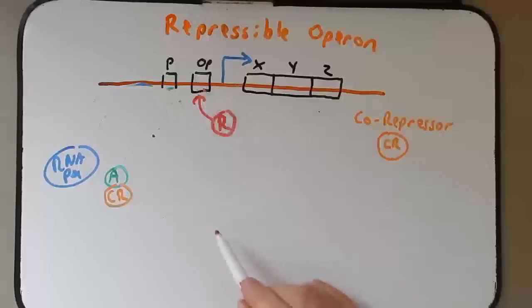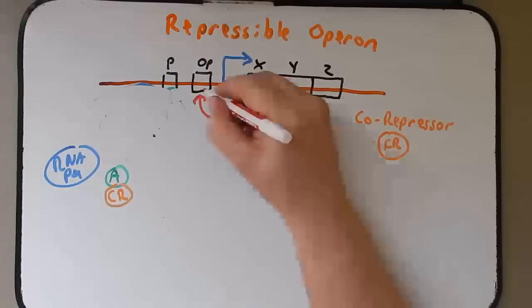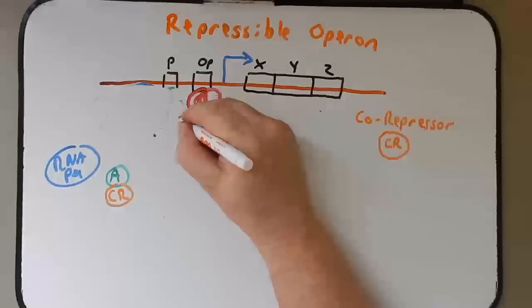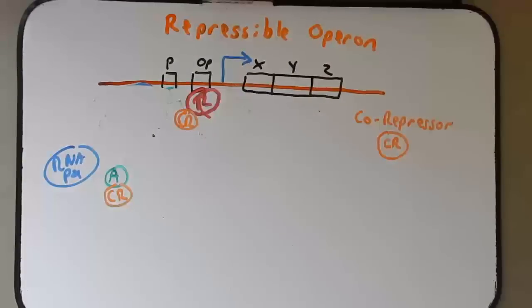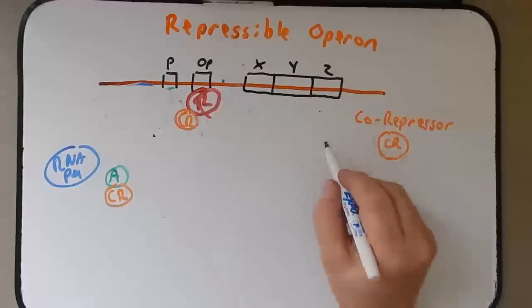And the way the repressor binds here is it will bind to a separate co-repressor. And when it binds that co-repressor, the repressor with the co-repressor added to it will bind to this operator. And when it binds to the operator, we've effectively turned this operon off.